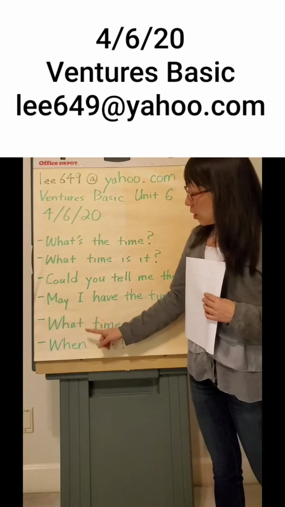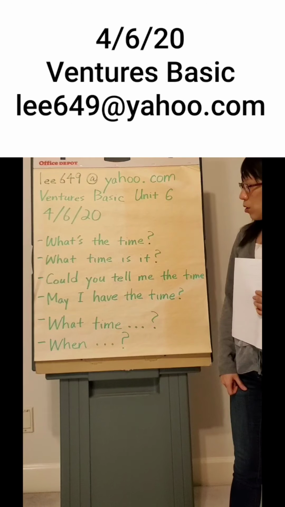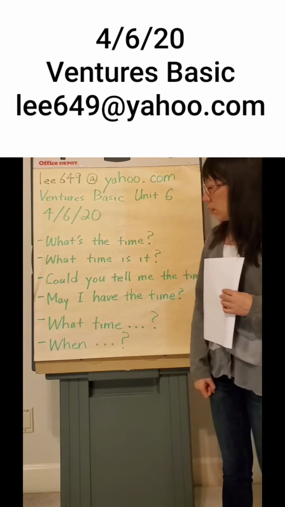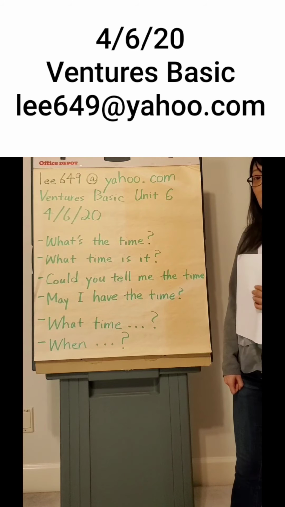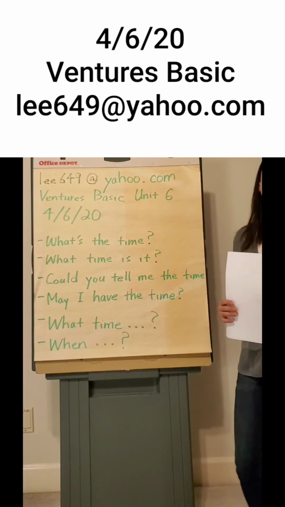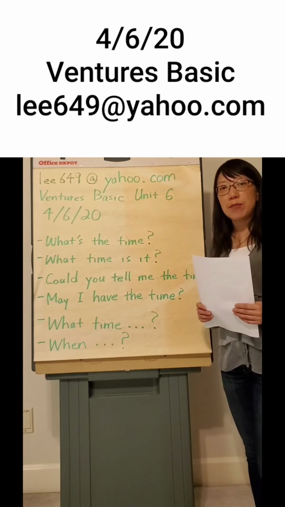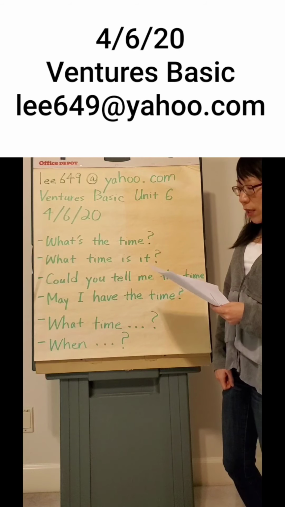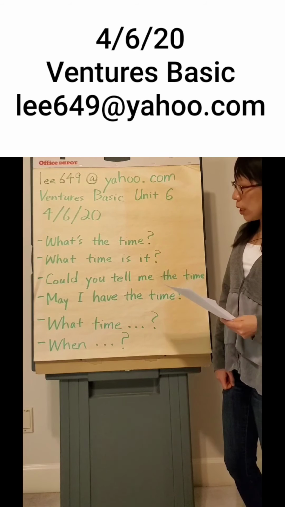And these bottom two, what time or when. You start the sentence with what time or when if you want to know the exact time. For example, what time does a flight to New York leave?